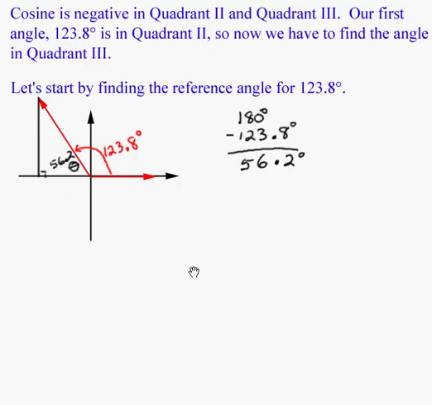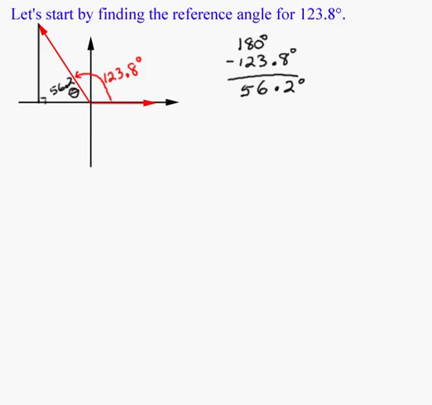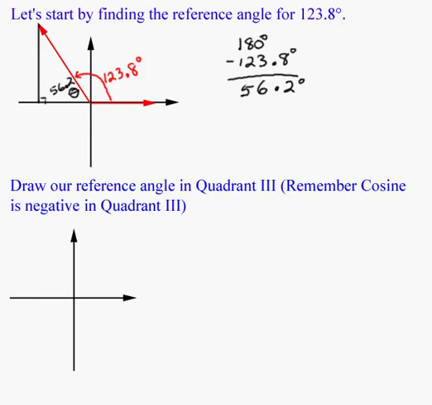Now you're saying, wait, 56.2, that's not in quadrant 3. You're right. So what we need to do is to make an angle in quadrant 3 that has 56.2 as its reference angle. So we'll draw another angle with its initial side on the positive x-axis. We'll rotate counterclockwise. We're not sure how far yet, but this reference angle is 56.2. Now, it's not too hard to figure out what that is.